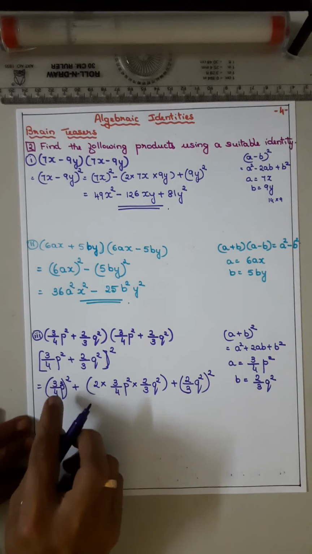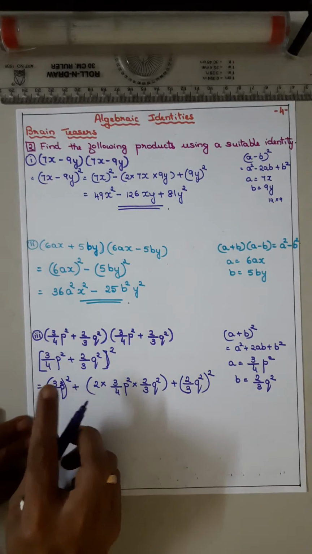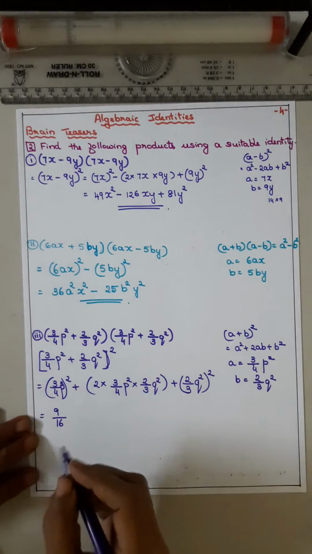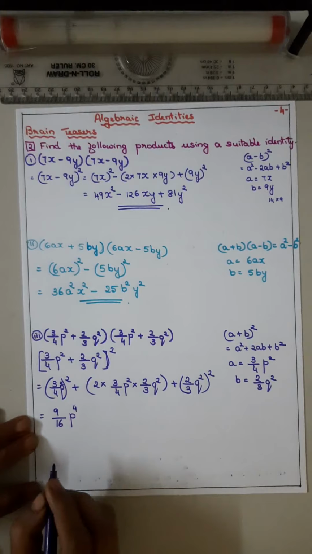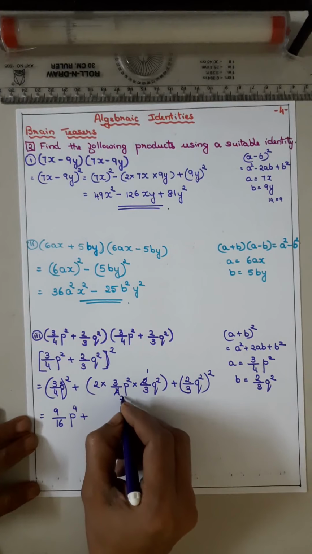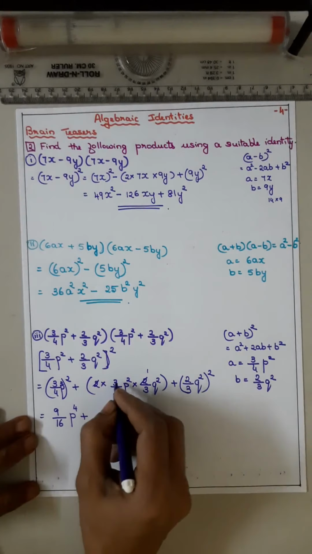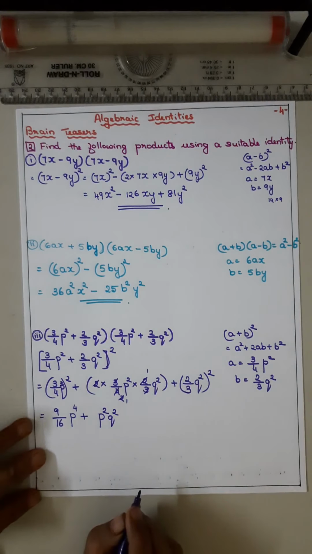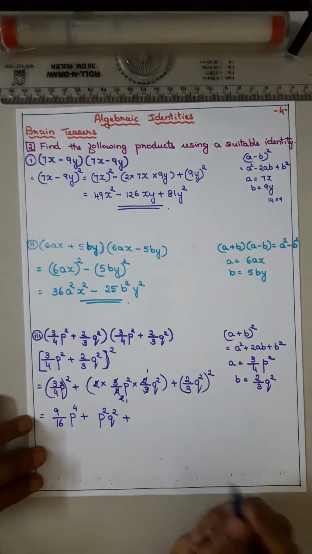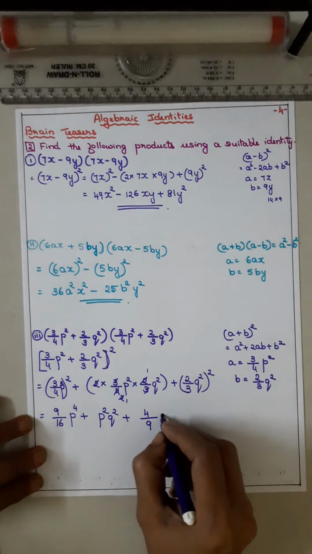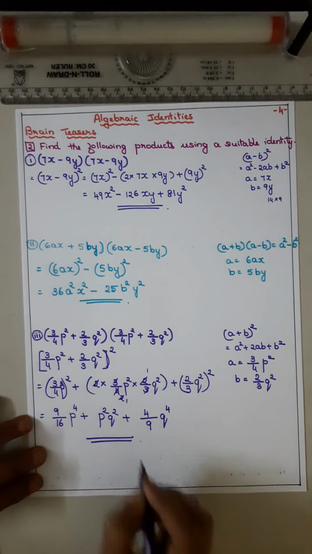Okay, now 3 by 4 the whole square means 3 squared is 9, 4 squared is 16, p squared whole squared is p to the power 4, plus now 2 1s are 2, 2 2s are 4, 3 3s cancel, what is left, p squared q squared. Okay, in fractions there is always cancellation, check that. Now 2 squared that is 4, 3 squared is 9, q squared the whole square is q to the power 4.